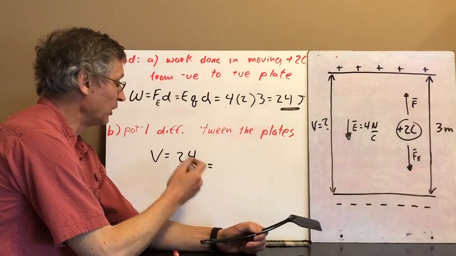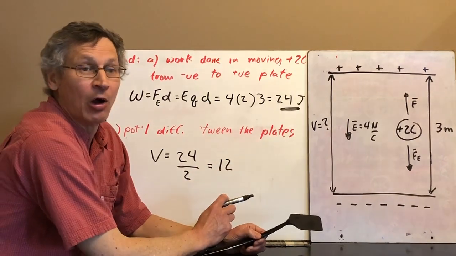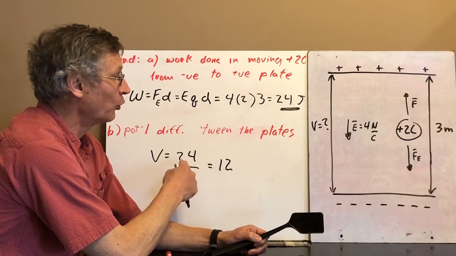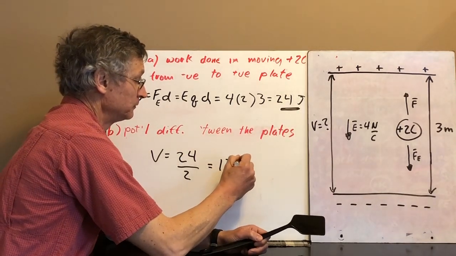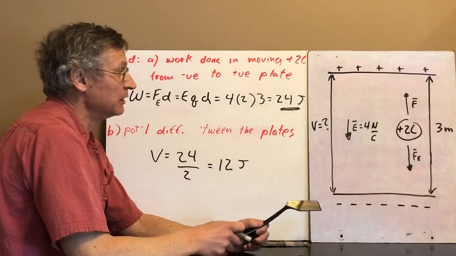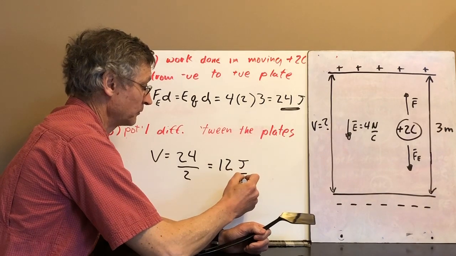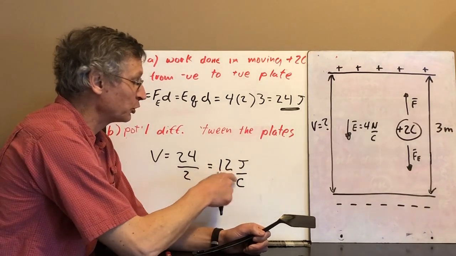Well, that's going to be what? 24 divided by 2 is 12. What are my units going to be? Easy enough. This 24 is in joules. This 2 is in coulombs. And there is my potential difference. 12 joules per coulomb.